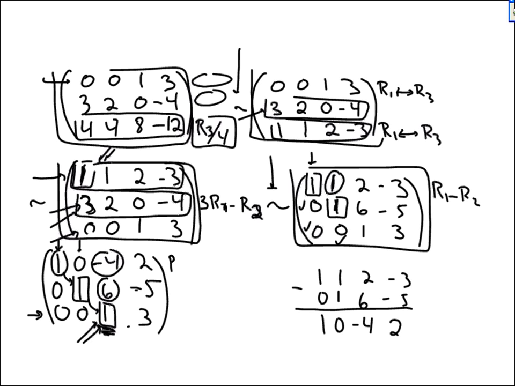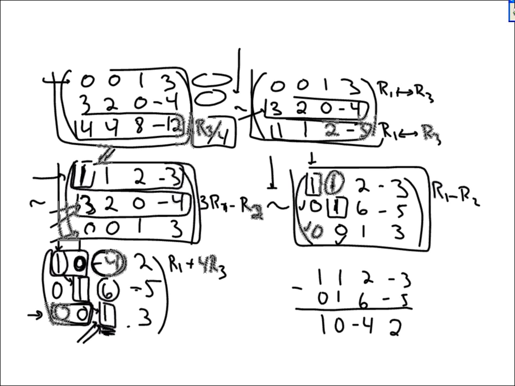I'll take row 1, which has a negative 4 here, and I'll add 4 times row 3. And 4 row 3s do not affect the double zeros. That is, it won't affect that 0 right here. It won't affect the 1 either, but I didn't care about that. If it affected the 1 and it became 7, at the end, if I still had a 7, I'll divide by 7.